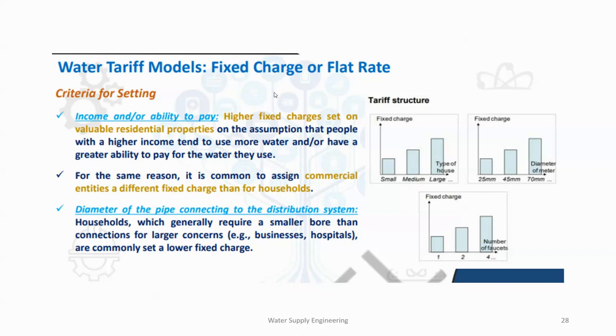For industries and households, it will be different. Also, it depends upon the type of connection, including the diameter of the connection pipes, which is a factor that we consider to fix this fixed rate or flat rate.